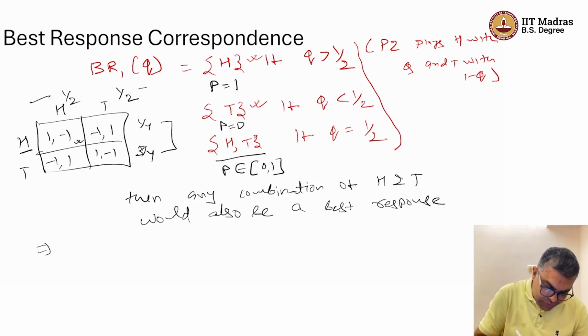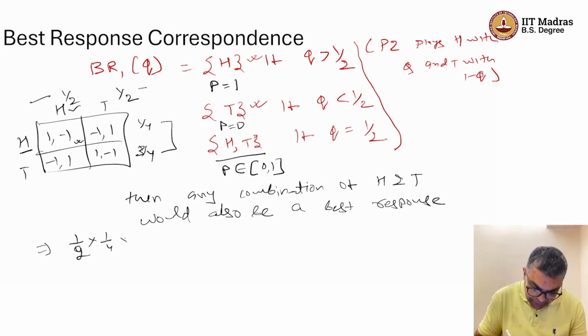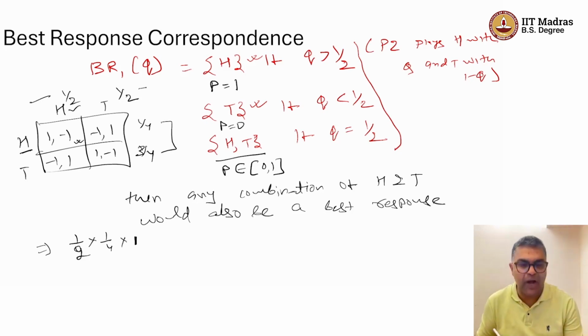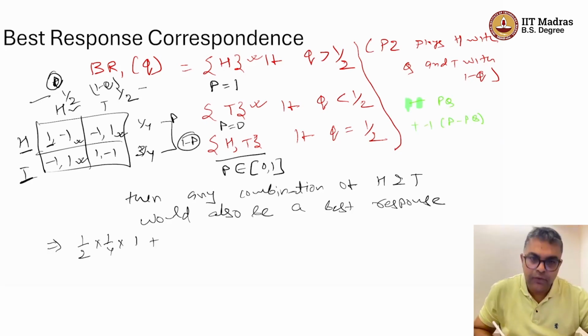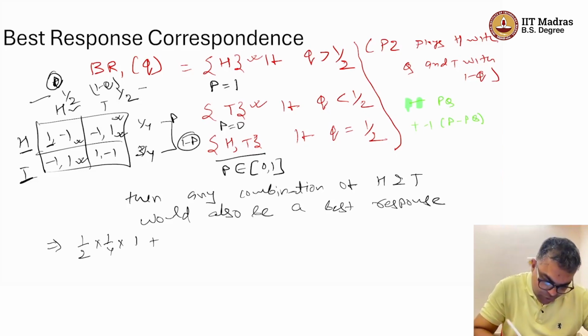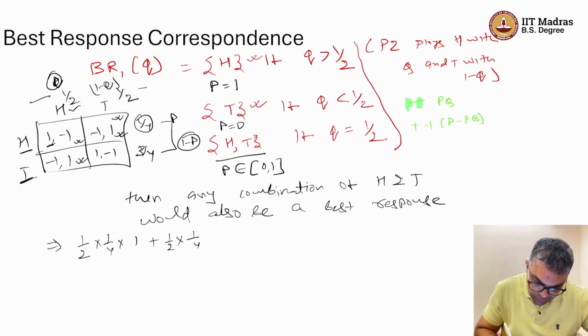So this box will happen with probability 1 by 2 coming from here multiplied by 1 by 4, and player 1 is going to get 1. This box happens with probability half multiplied by 1 by 4 multiplied by minus 1.